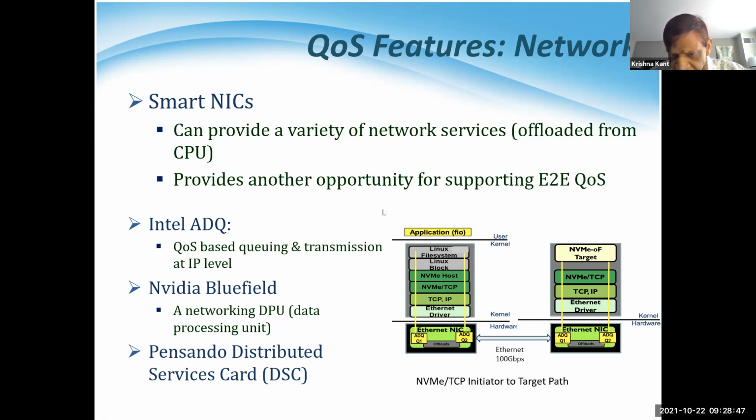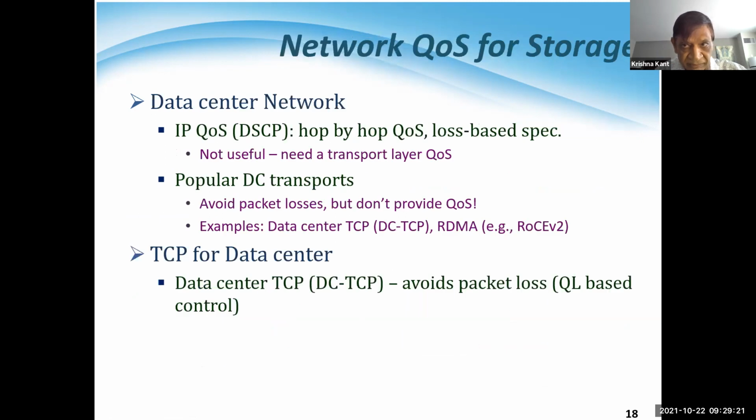Smart NICs traditionally just did simple protocol offload, and now they do all sorts of additional stuff, which I'll talk about later. There are many companies involved in this. Intel has something called ADQ, which can do QoS-based queuing and transmission. NVIDIA has another product, and Sando has another product, and so on. Okay, so let's talk about the network QoS.